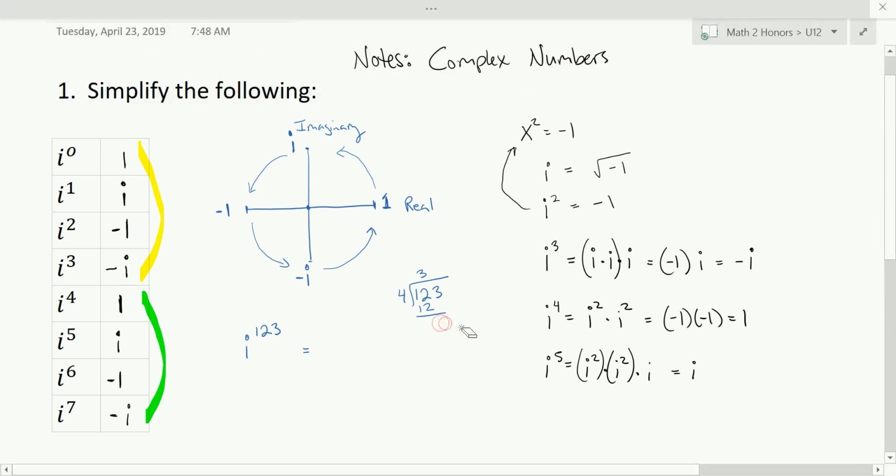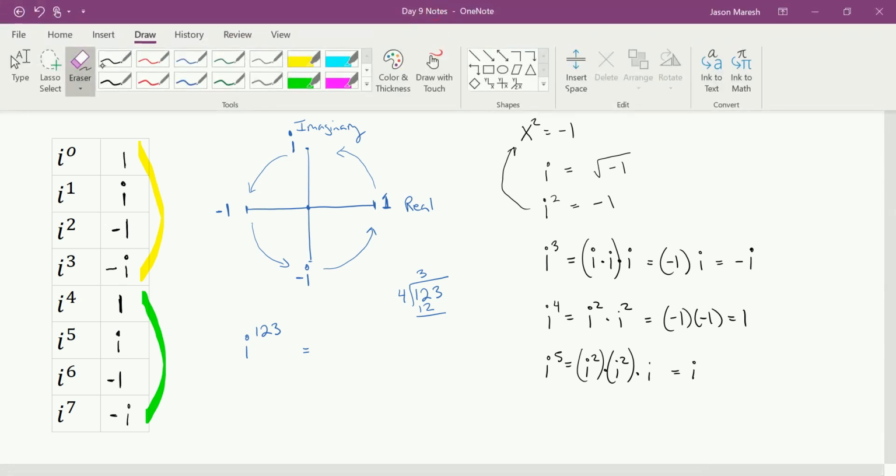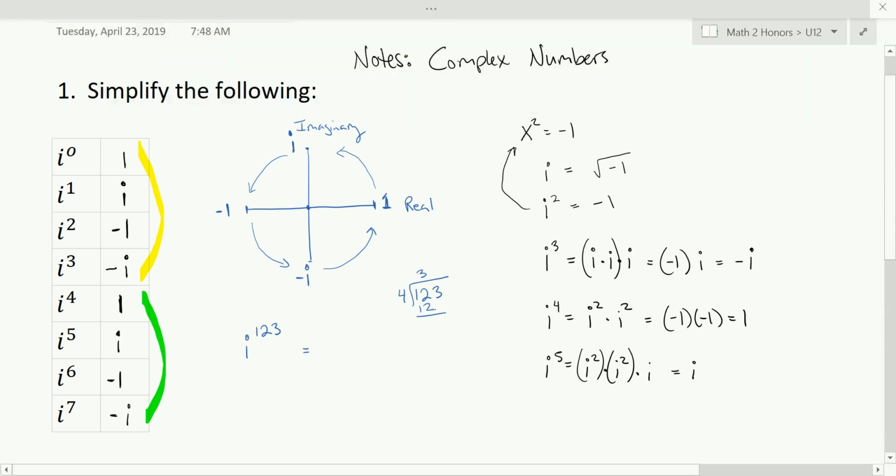So 4 goes into 12 3 times, and then it doesn't go in at all, right? So what's our remainder going to be? We're going to get a remainder of 3 left over, right? Because 4 times 30 is 120, and then when you subtract that, you're going to get a 3 remainder.